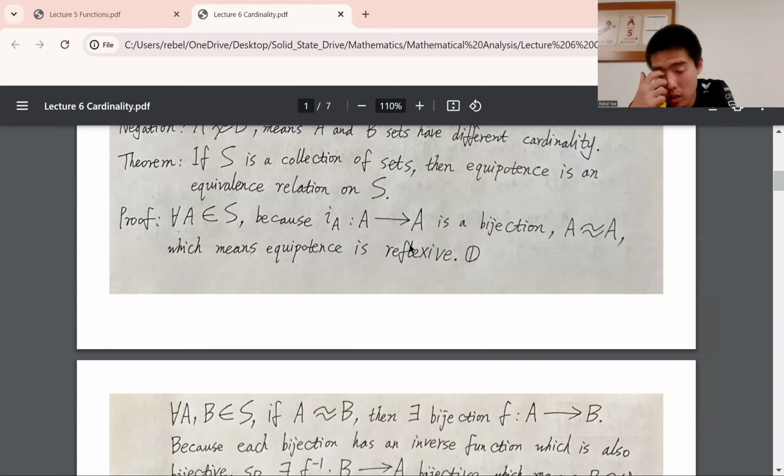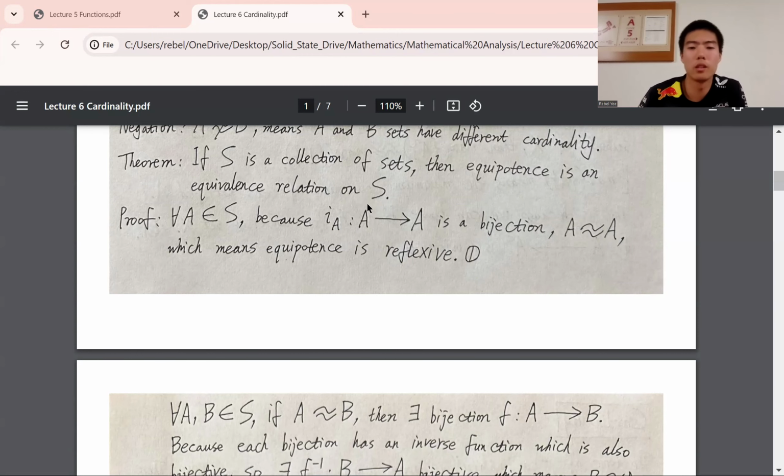So why is it reflexive? Because the identity function from A to A is always a bijection, because the codomain or range is the same as its domain, which means they have the same cardinality.